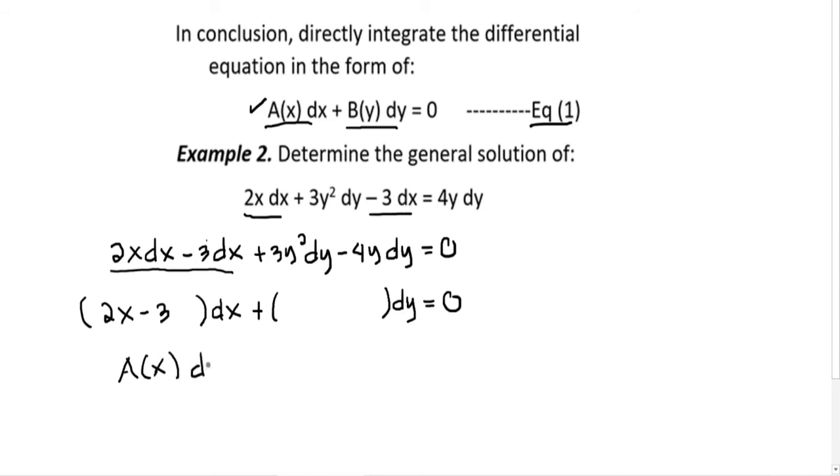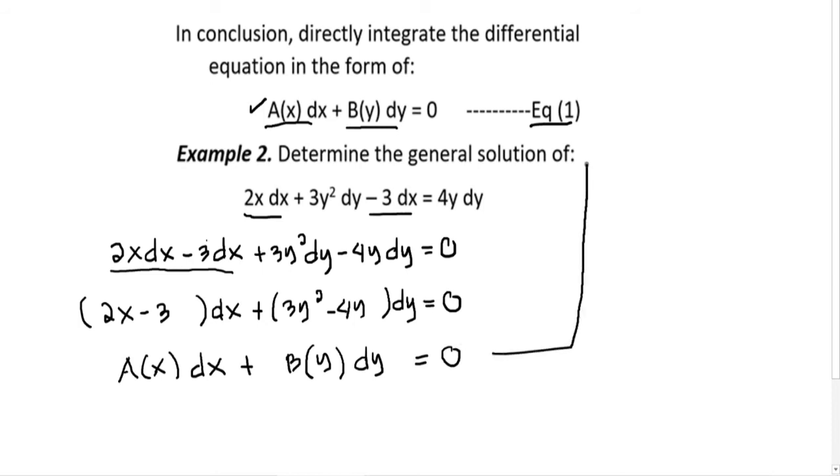So ax dx plus, for the second term, the dy terms, inside the parentheses are 3y squared, then negative 4y. And this 3y squared minus 4y represent the by. So we have also here the dy, then equals to 0. This is now our equation 1.